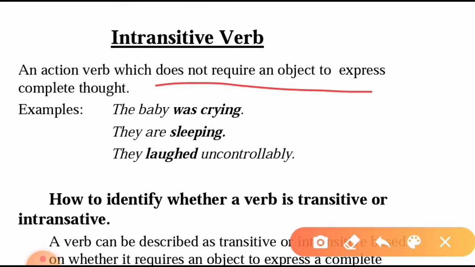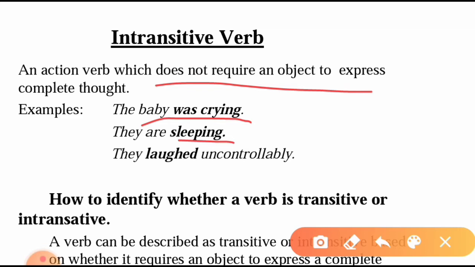See the examples. The baby was crying. So here you can see crying is an intransitive verb because it is making complete sense without any object. We don't need any kind of object to put in this sentence. Another example: they are sleeping. Here sleeping is an intransitive verb because it does not need any kind of object to make complete sense of the thought in this sentence. So this is a sentence which is full of complete thought.